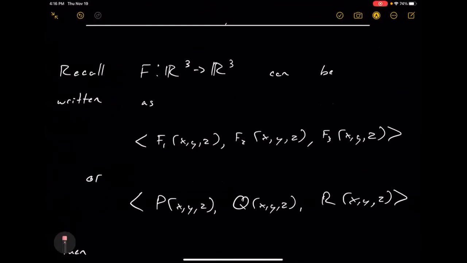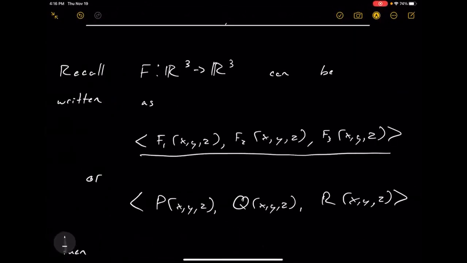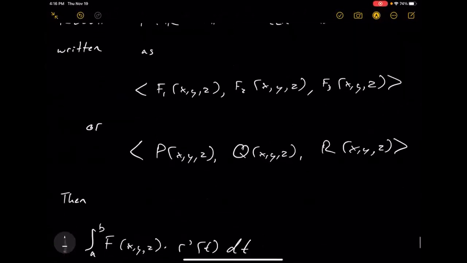So remember our vector field F from R3 to R3, we can think of the output as a vector like this, where the x component is this function of x, y, and z, the y component is this function, and the third component is this function. If we want to make it more distinct, instead of writing F1, F2, F3, let's write P, Q, and R. Okay, so this is our vector field.